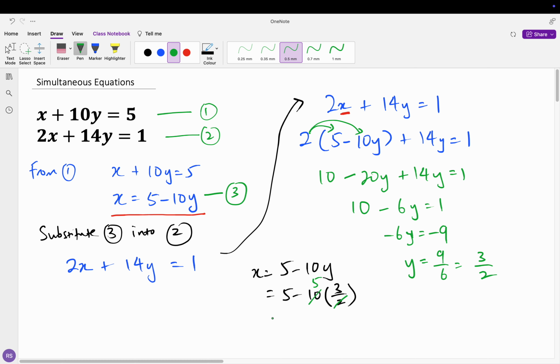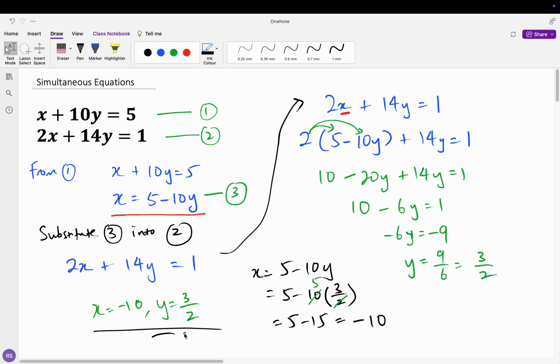So 5 times 3 will give me 15. So 5 minus 15 will be minus 10. So the final answer here is that x is equal to minus 10, and y is equal to 3 over 2. That's the final answer for this simultaneous equation.